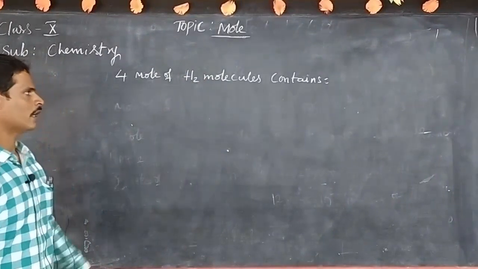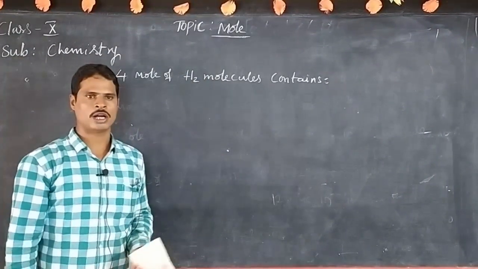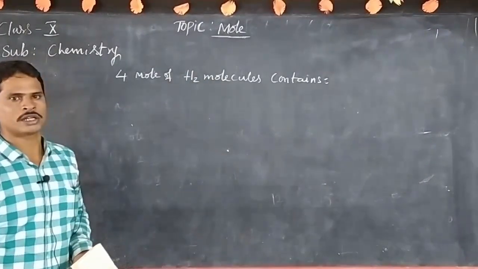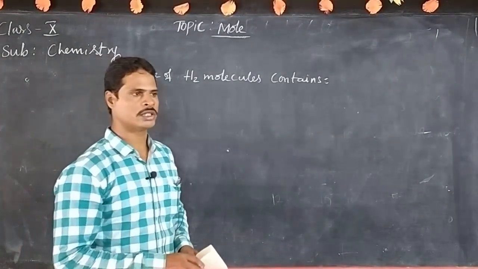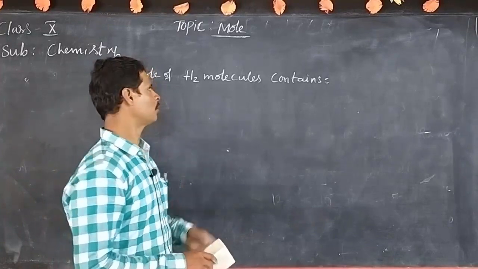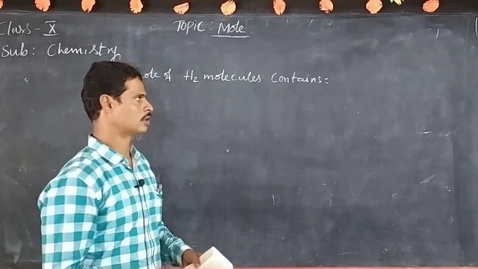We know that 1 mole of hydrogen molecule contains 6.023 into 10 to the power 23 particles, that is hydrogen molecules.